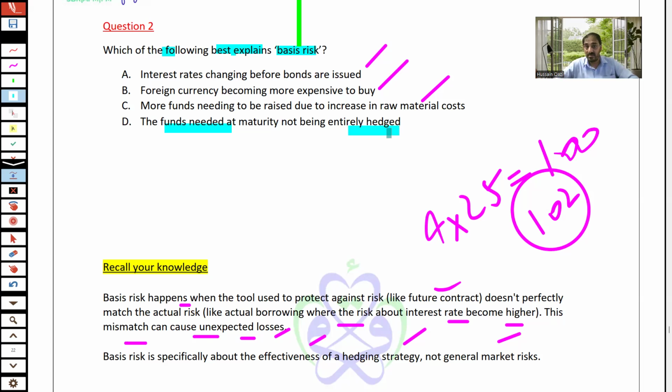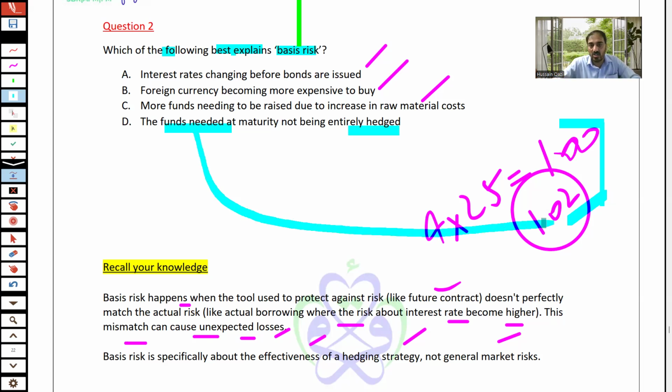Like my example, I wanted to hedge 102, but due to the futures contracts, the interest futures or forex futures, I was only able to protect 100. So this gap is called basis risk. Funds needed 102, but not entirely hedged due to market conditions. This gap is about basis risk.